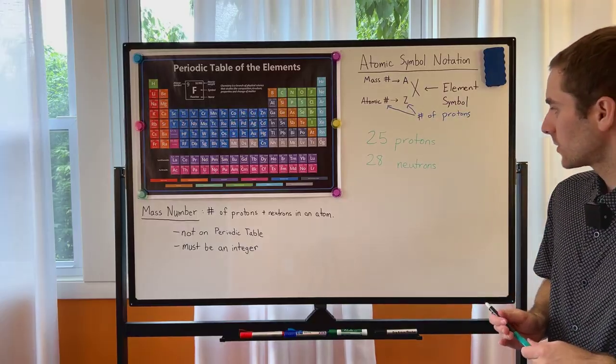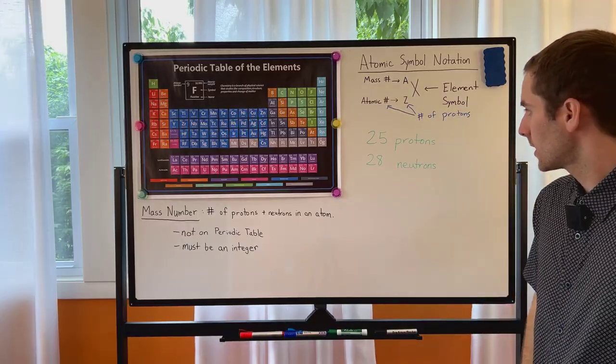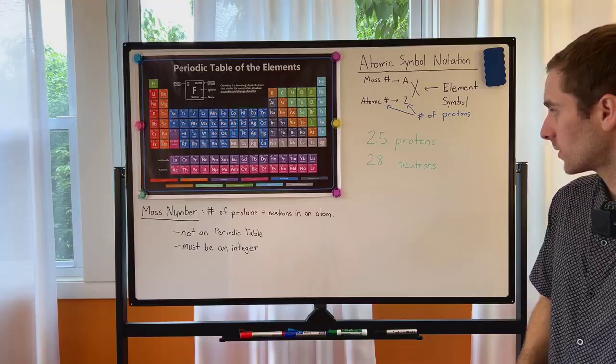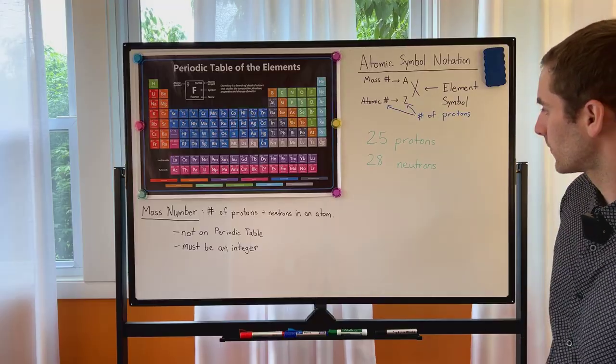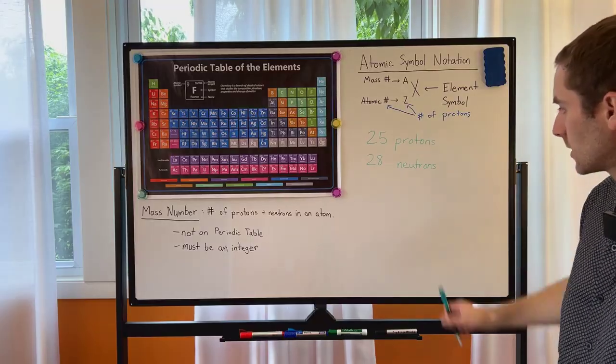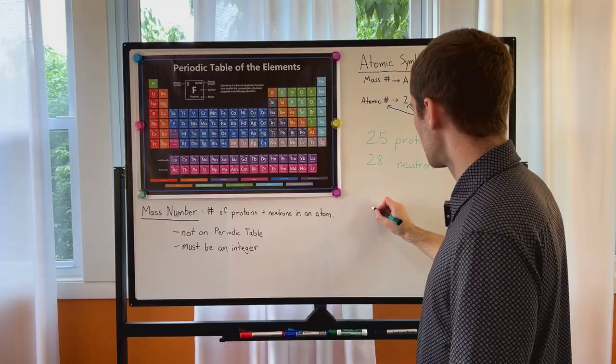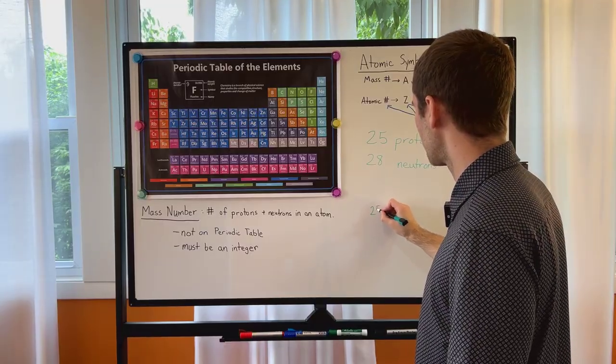So the first thing I'm going to do is, well, I suppose the very first thing you could do is write the atomic number in the bottom left corner. Well, that's just going to be the number of protons. So that's going to be 25.